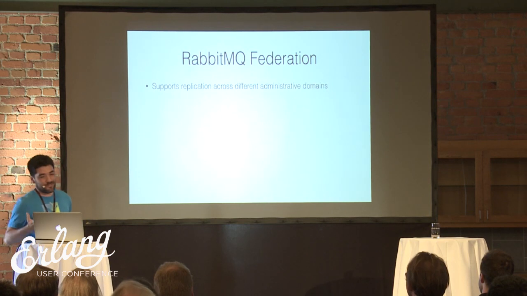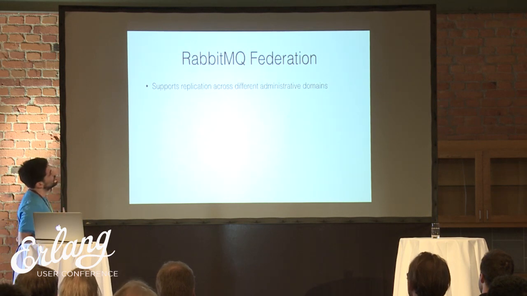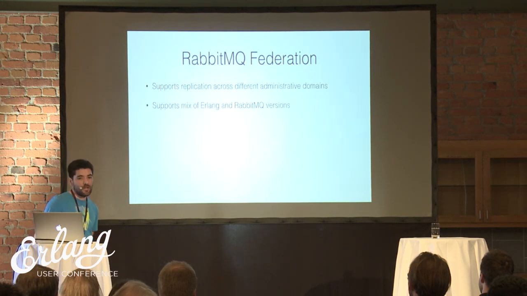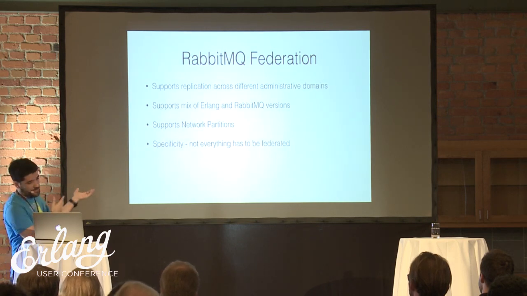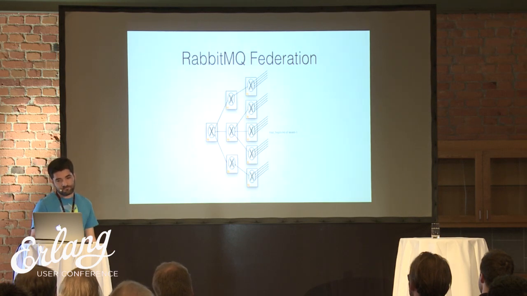RabbitMQ has a plugin called Federation that supports replication across different administrative domains. You can mix the Erlang and RabbitMQ versions on the different clusters. It supports network partitions. Woo, we have the buzzword checked. And we don't need to federate everything, as I was explaining before.